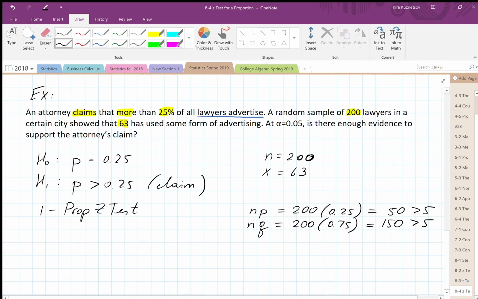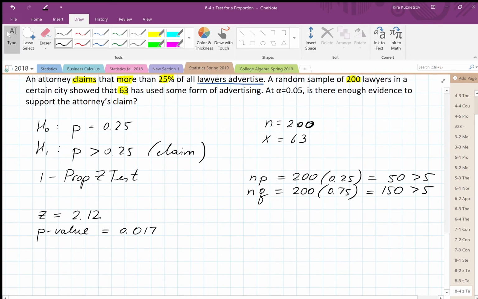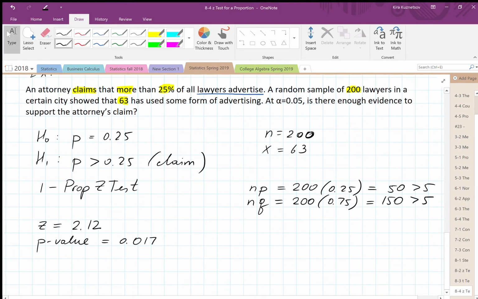If you calculate, you will see the z-test statistic, it's 2.12. You will see a p-value of 0.017, so just under 2%. And we know that alpha is given to us at 0.05, and this is definitely less than 0.05.